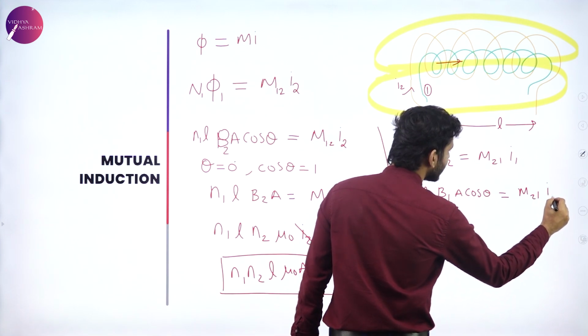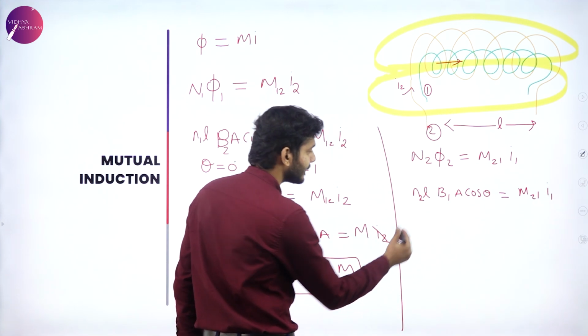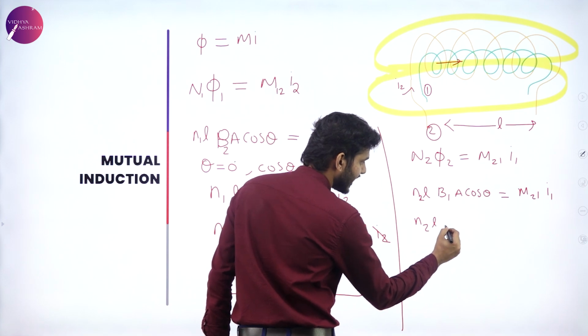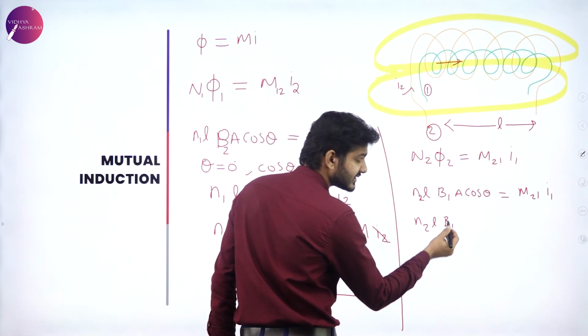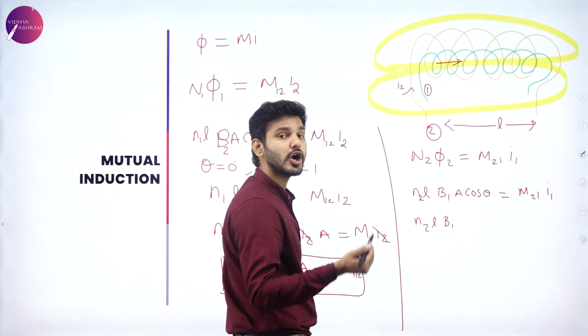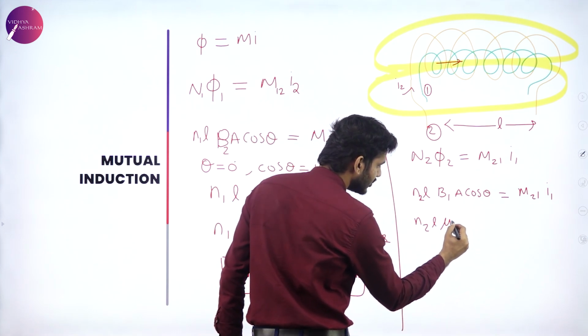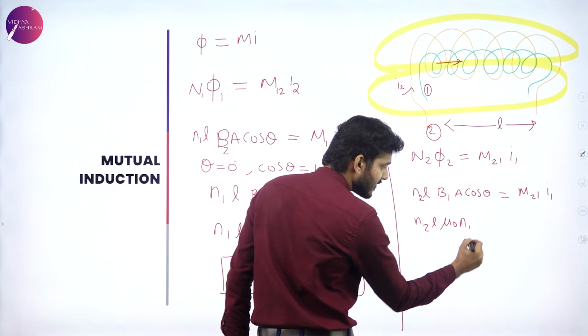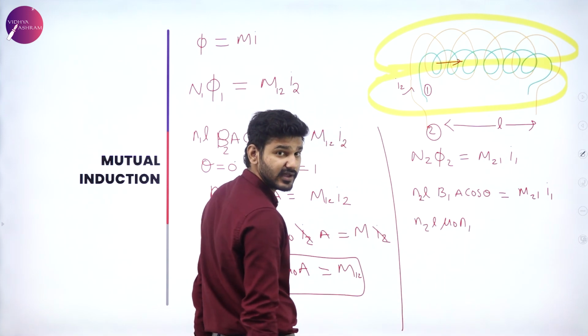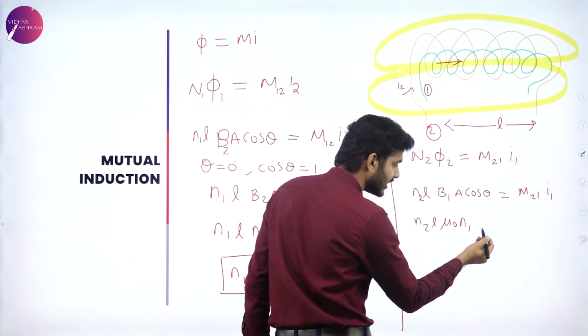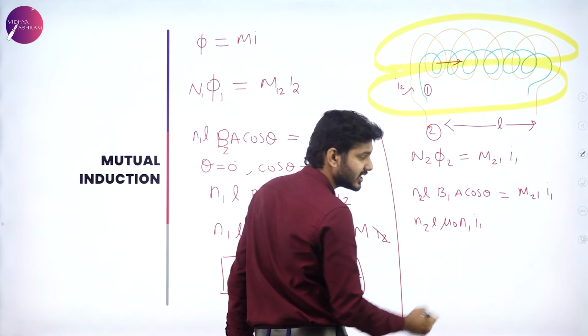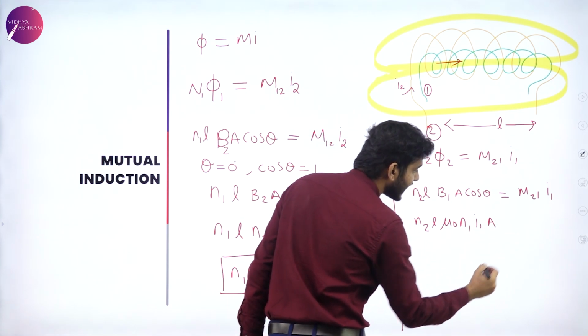M21 into I1. Now again, N2 into L, B1 is again written down as mu naught into N1 into I1, because of magnetic field 1. So N2 into L into mu naught into N1 into I1 into A, cos theta.